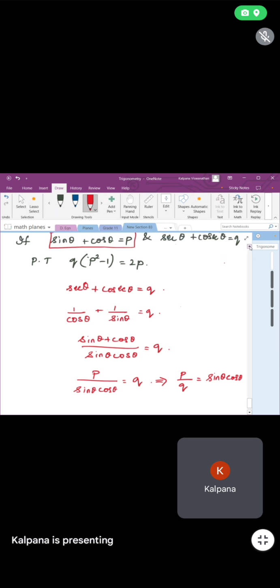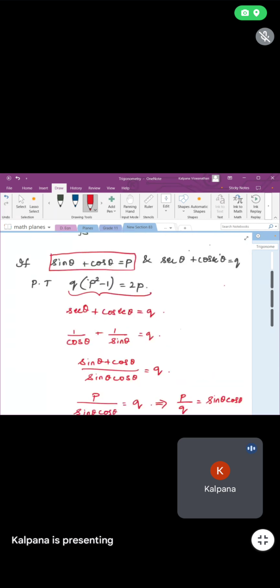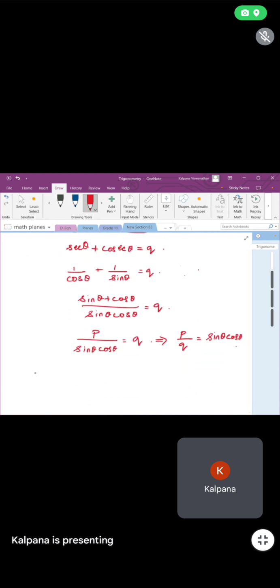Now, how to find this part? We have P square minus 1. So first we need to find what is P square. Yes, first find P square, children. So here we are finding P square, taking the LHS and substituting to get the RHS. On the LHS we have Q into P square minus 1.